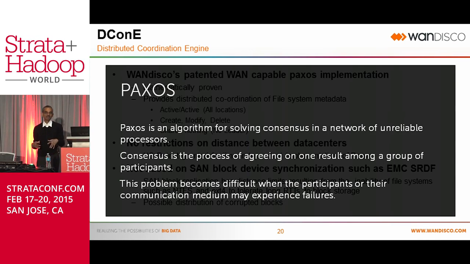But our chief scientist, Ala, took a few years off from work to implement this algorithm from scratch, and he extended it along the way to work over the wide area network. That's the core of our intellectual property. This offers the strongly consistent replication characteristics that is visible in all of our products. At the core is this strong implementation of Paxos.